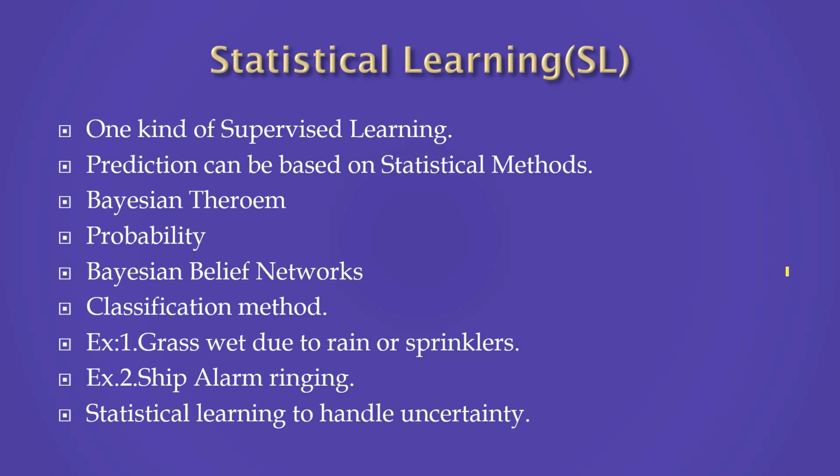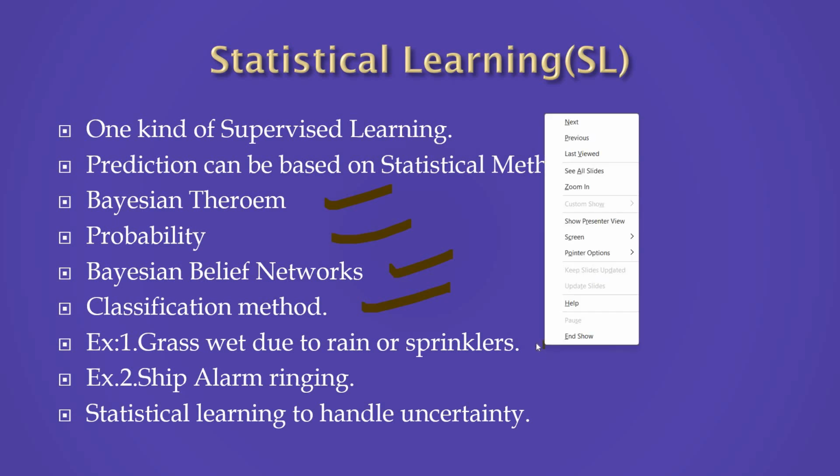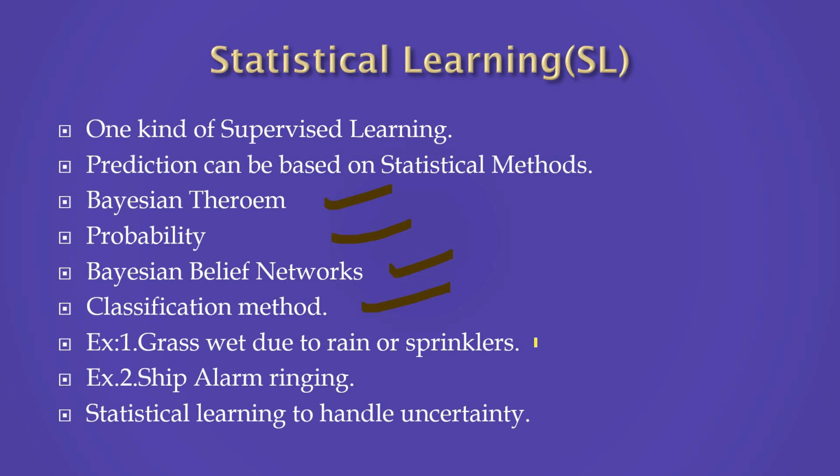And what is the statistical learning that we are going to see? The very first kind of supervised learning. Here the prediction can be based on statistical methods. Very good examples of these statistical methods are Bayesian theorem, probability, Bayesian belief networks, and classification. For example, yesterday the grass was wet at the back of the house.